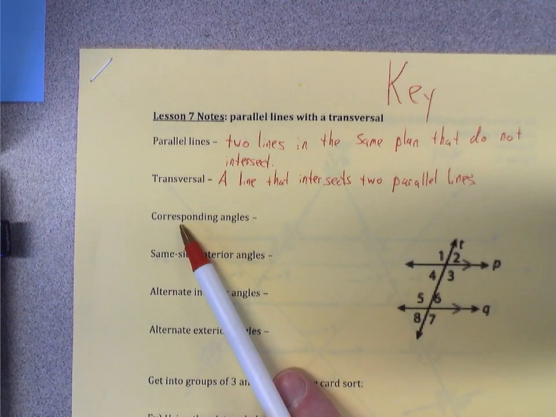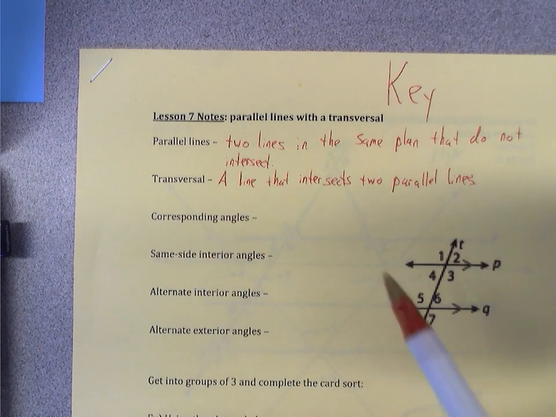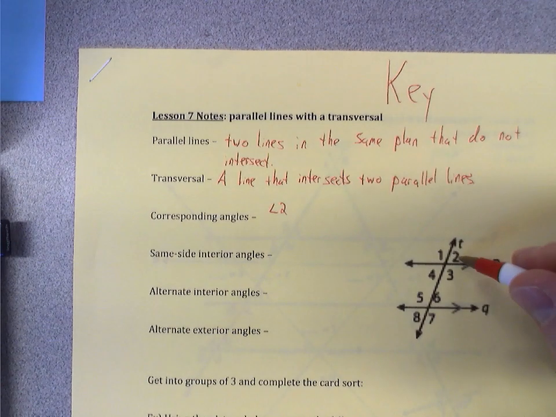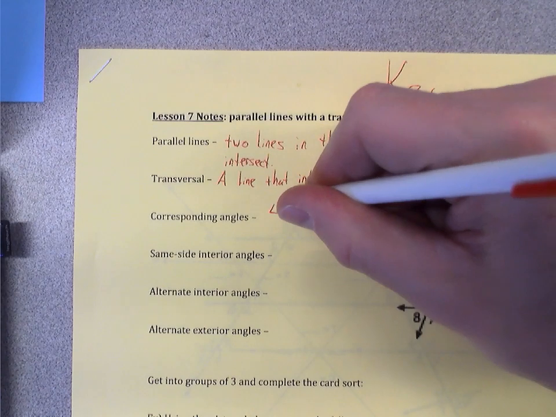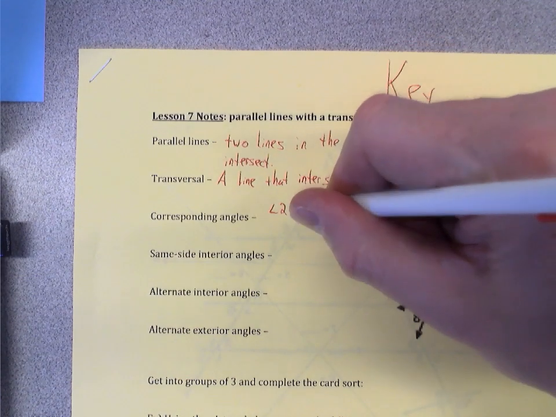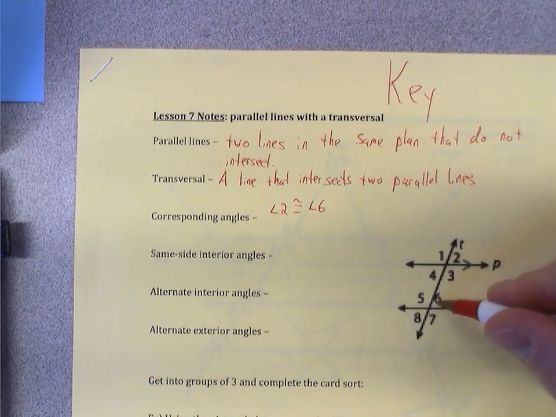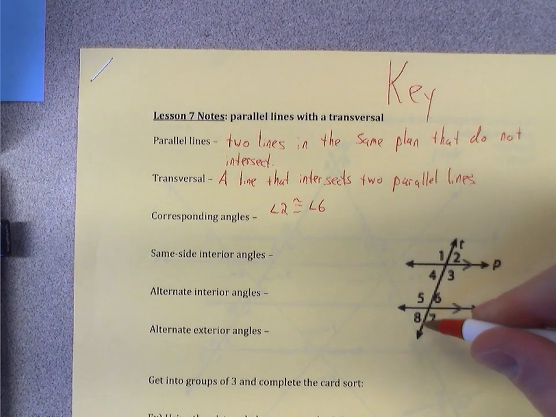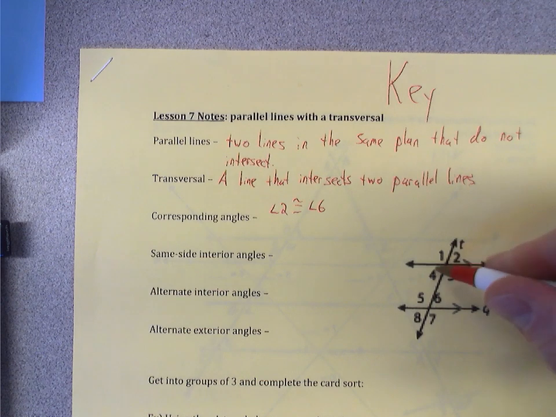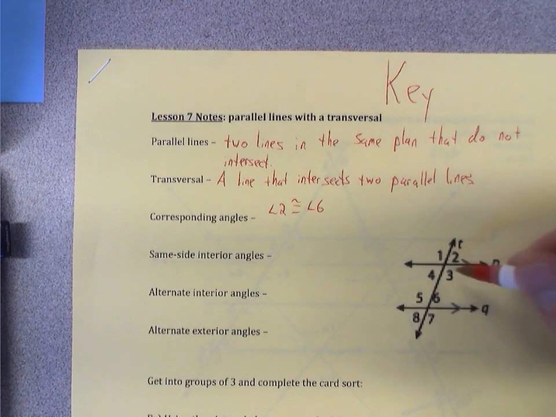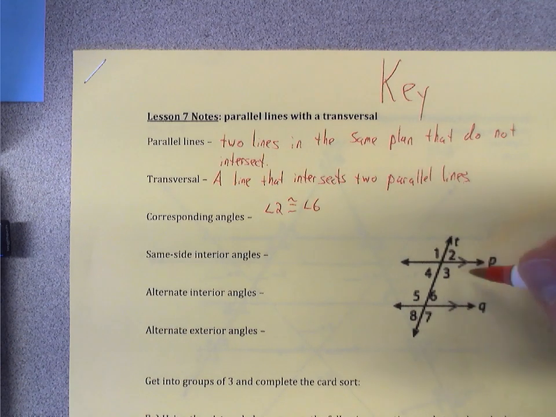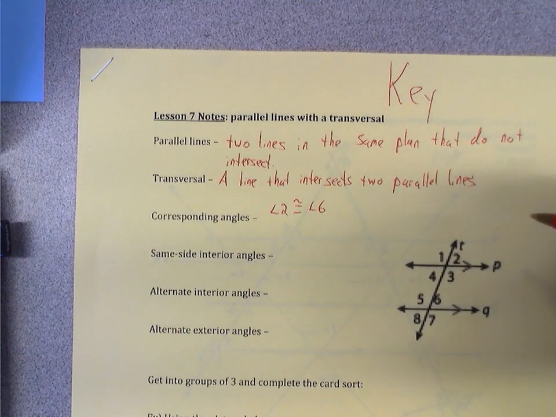One is corresponding angles. So which of these angles correspond to each other? The answer here would be, for example, angle 2 up here is going to be equal to, or congruent with, angle 6. That should make sense because these two angles are in the same location where that line is coming through these lines. Since these lines are parallel, we know that the angle formed where this line intersects the two parallel lines is going to be the same angle measurement.